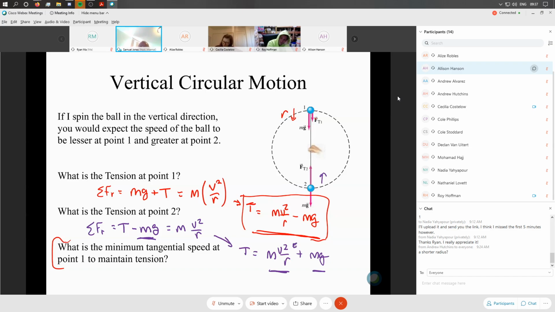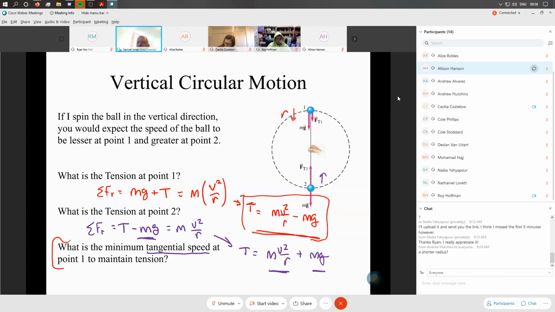Okay, now as a result of these two conclusions, or at least the first one, what is the minimum tangential speed? Meaning, what is the minimum value of v here that would allow me to keep circular motion? Well, remember I said we can't have negative tension, right?